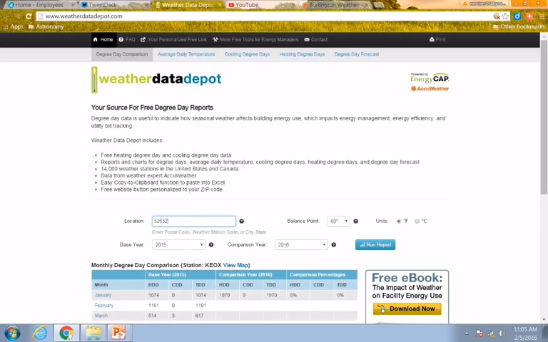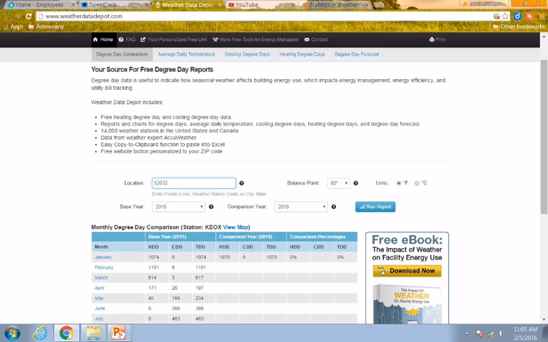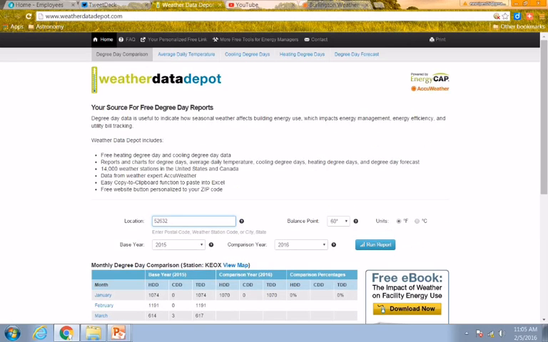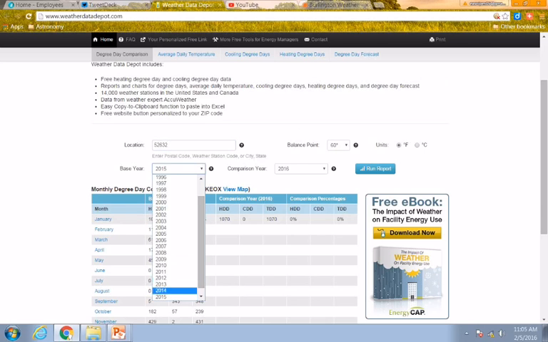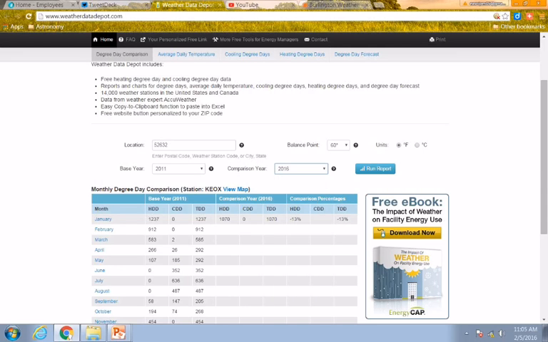It recognizes us as Keokuk. And there's different tabs. So this is degree day comparison, average daily temperature, cooling degree days, etc. But I thought this is kind of cool. If we go, let's go 2011 to 2015, run report.